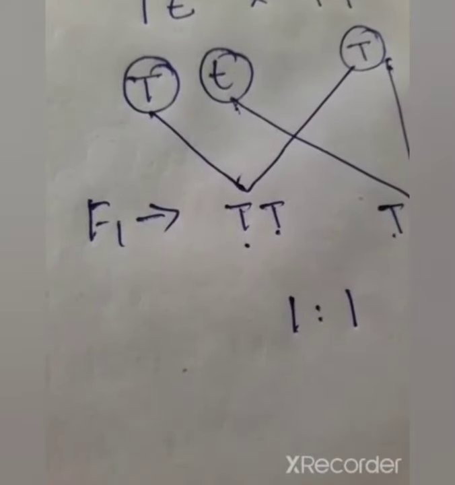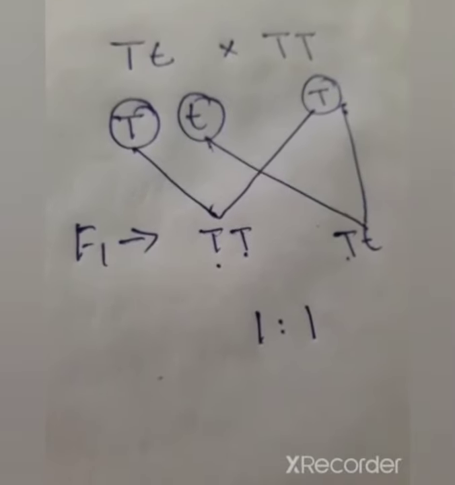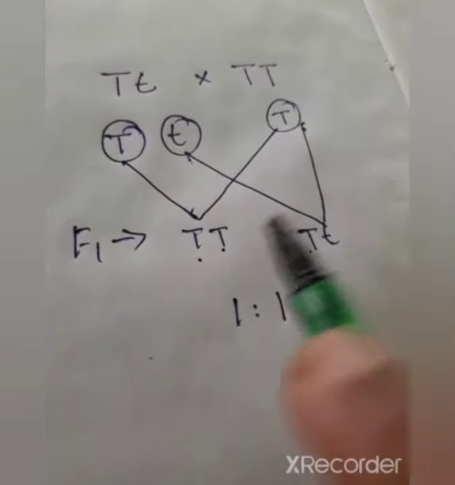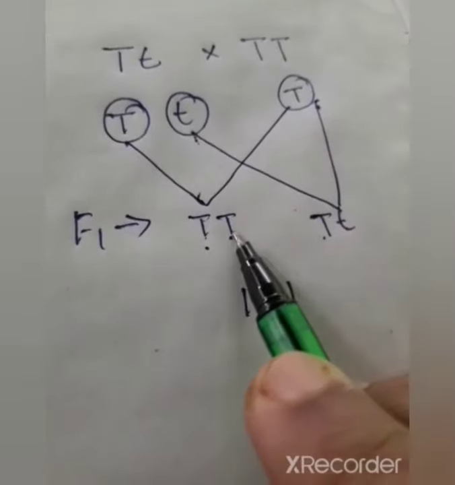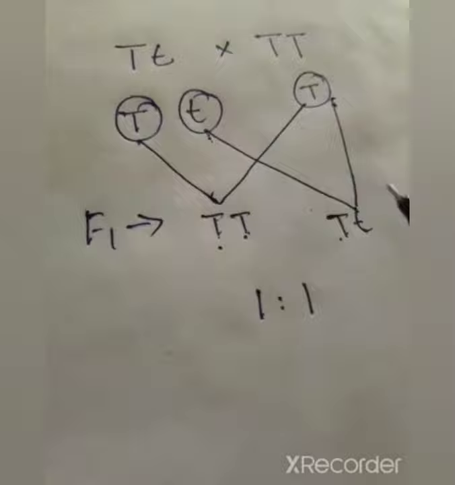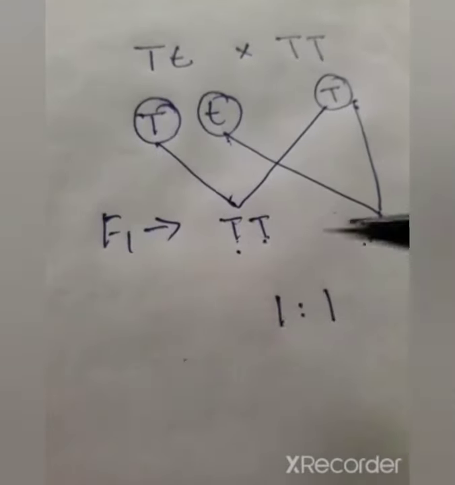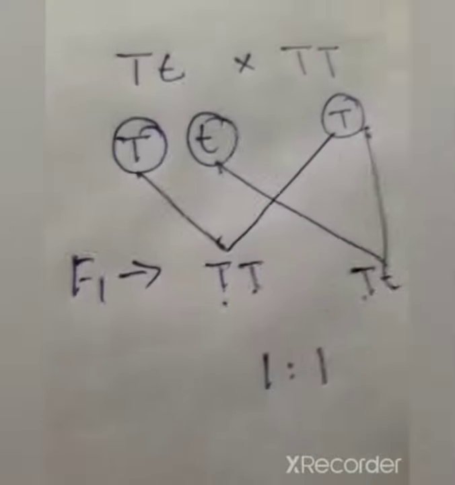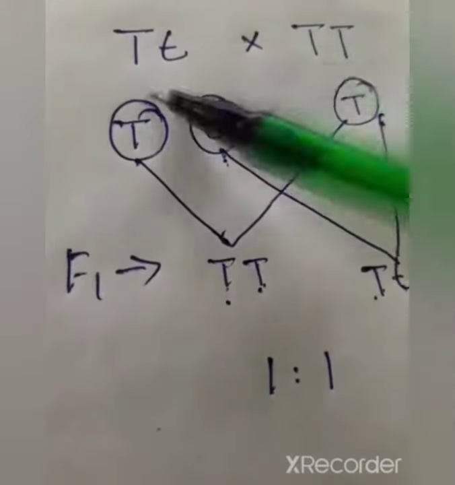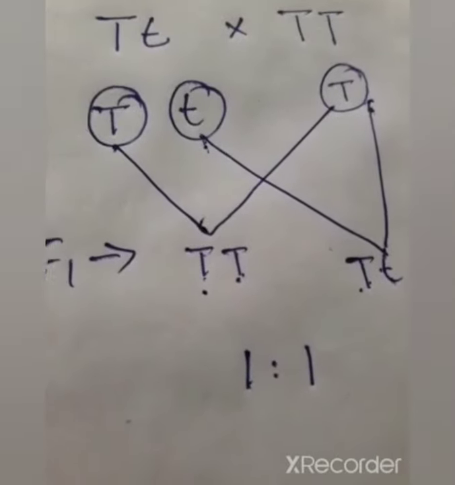Then in F2 generation, this capital T crossed with capital T small t. During F2 generation, we get the same type of individuals because we crossed the same parents. So the ratio is 1:1.